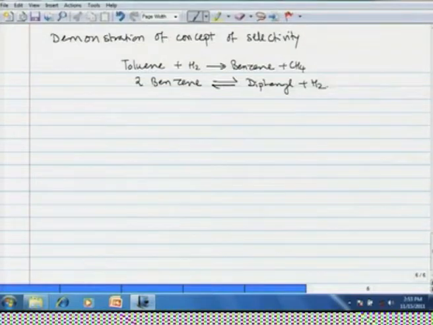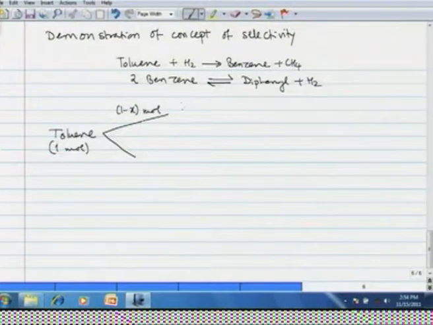Now, if for a given reaction conversion, let us say the conversion is X, then per mole of toluene fed to the reactor, 1 minus X moles of toluene are unreacted and X moles of toluene react.